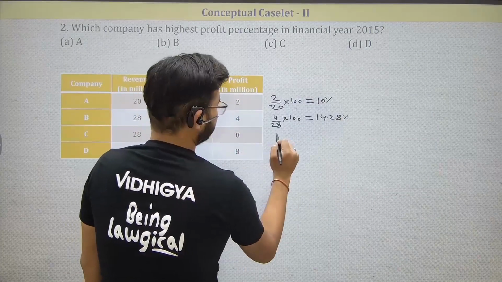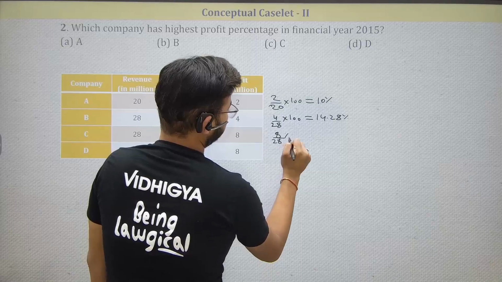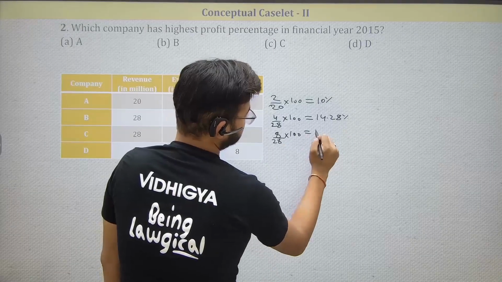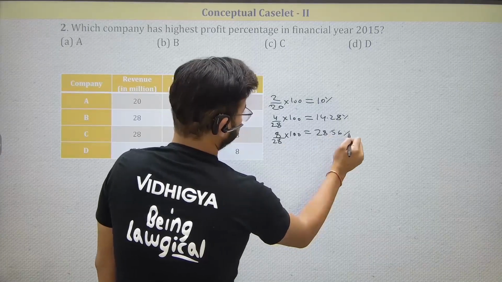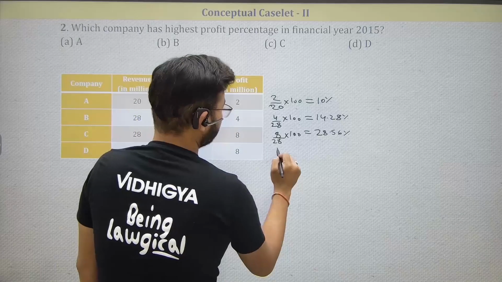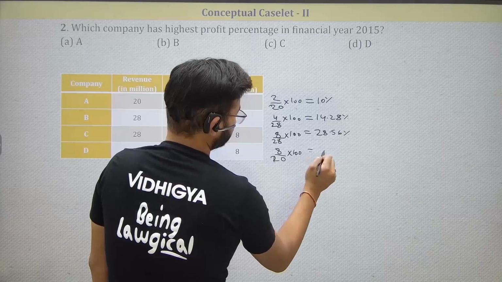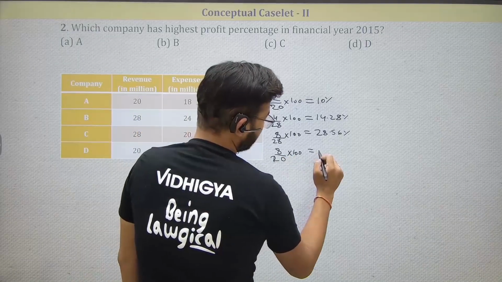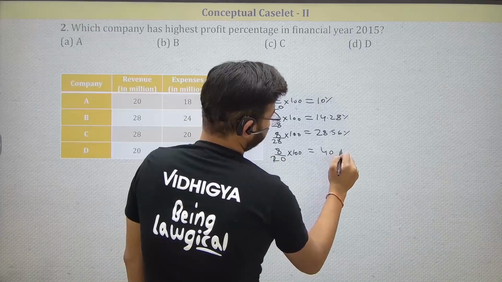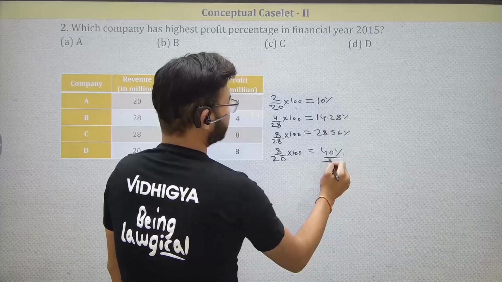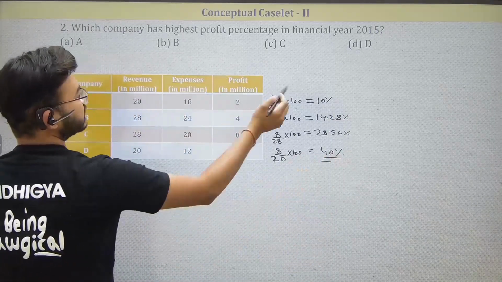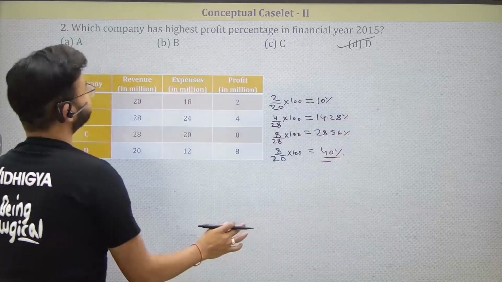For company C, it will be 8 by 28 into 100, so that will be just double of this, 28.56%. For company D, it will be 8 by 20 into 100, so that will be equal to 40%. So the company which has the highest profit percent is company D.